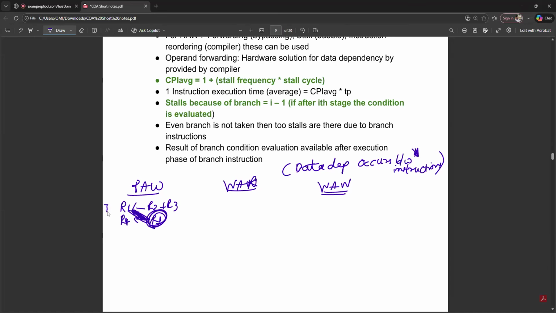Let's say this is instruction I1 and this is instruction I2. This is called a RAW dependency.